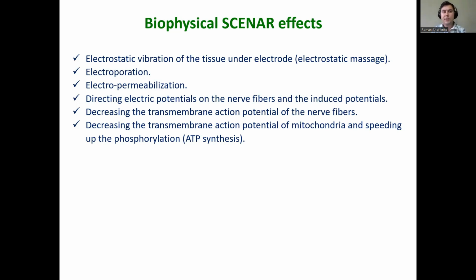First, thanks to the electrostatic vibration of the tissue under the electrode, we can get an electrostatic massage. We are obtaining the effect of electroporation for certain modes. We are improving skin permeabilization with electropermeabilization. We are directing electric potentials on the nerve fibers and the induced potentials.